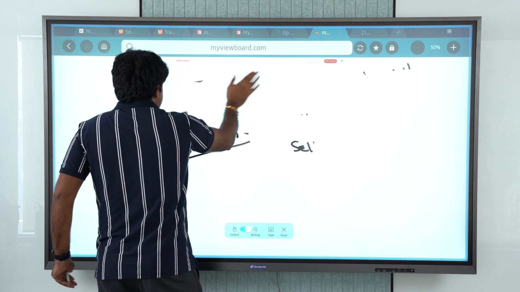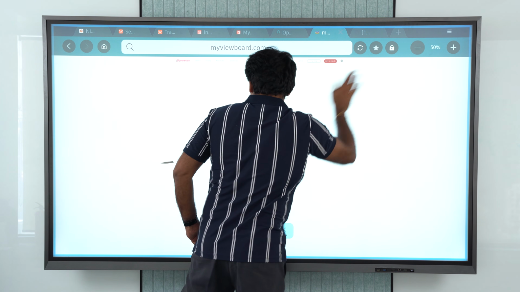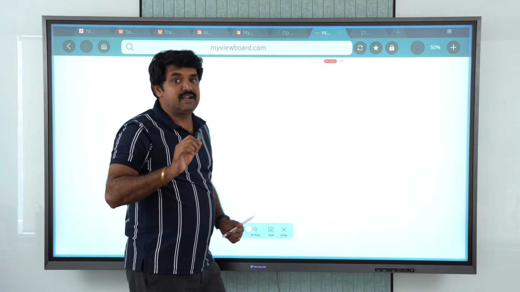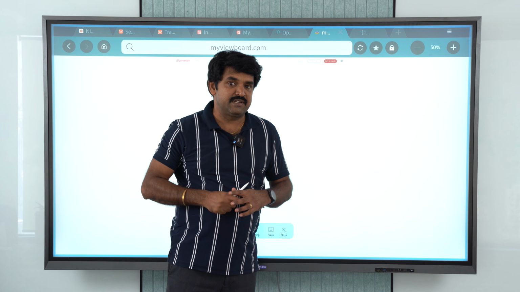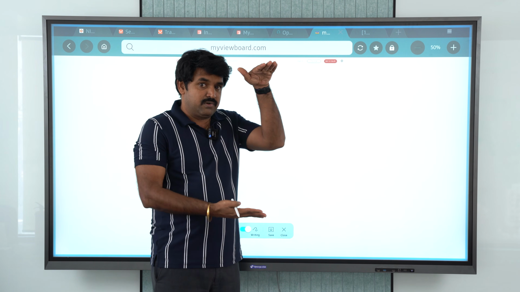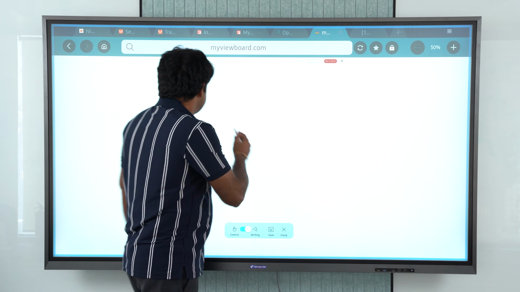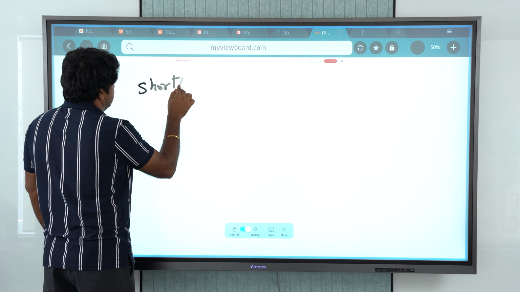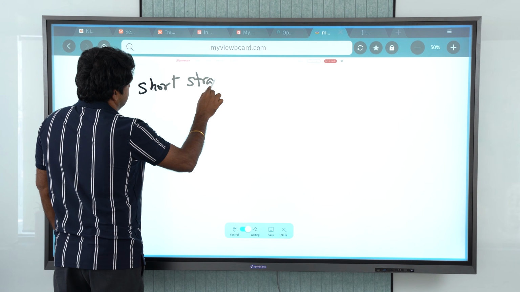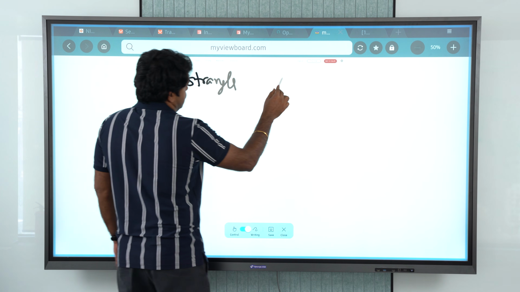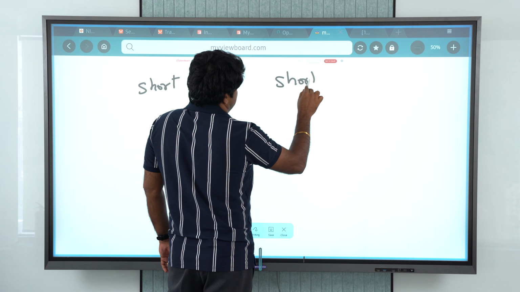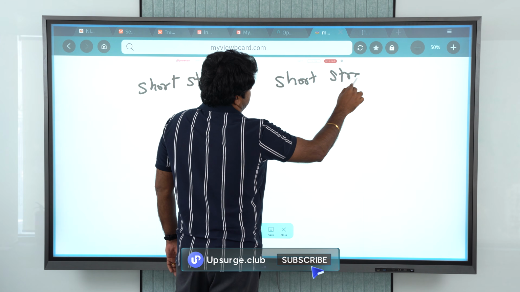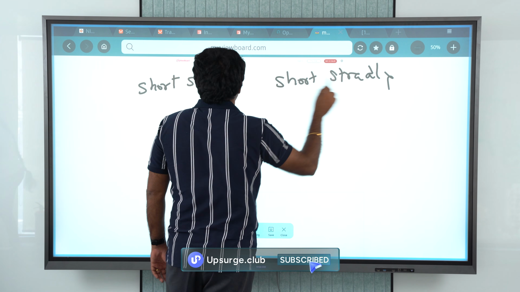Any beginner who is coming to the market first will get attracted to short strangle because it is very simple. You are selling an OTM call and an OTM put. Now, the differences between short strangle and short straddle in intraday.